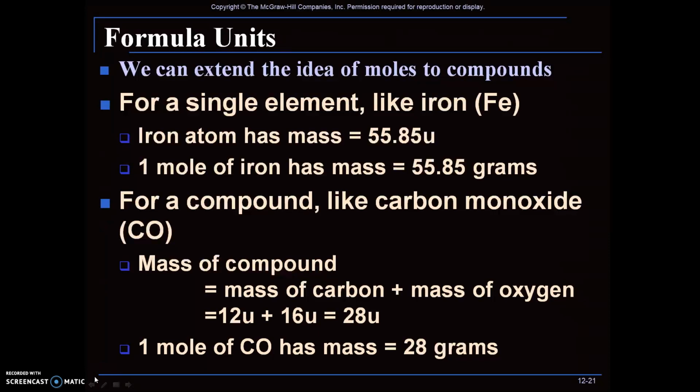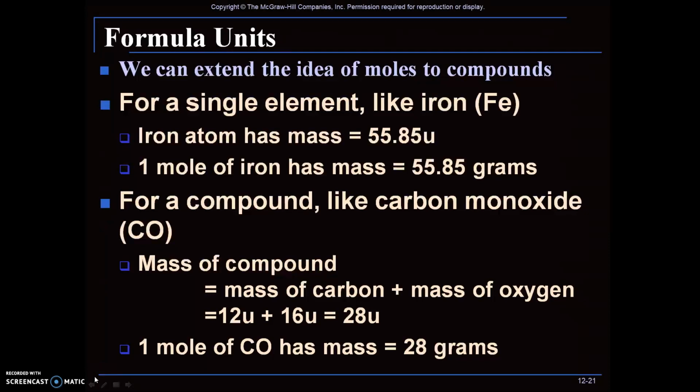If you're looking at a compound such as carbon monoxide, whose chemical formula is CO, and you want to find out the mass of CO, you can see that you have 1 carbon and 1 oxygen. Find out from the periodic table: 1 carbon mass is 12 units and 1 oxygen mass is 16 units, sorry. When you add these two, you get 28 units.